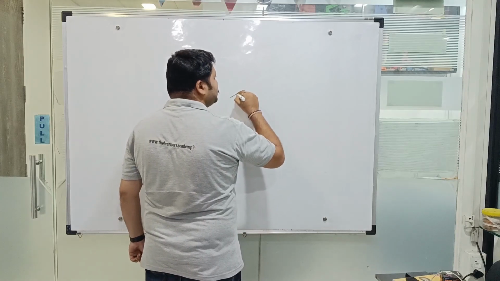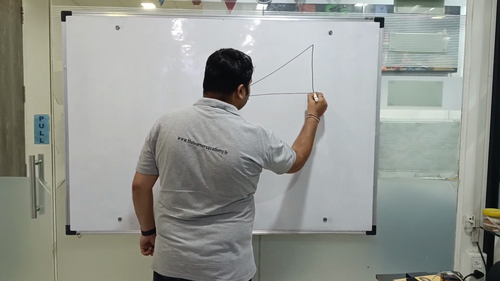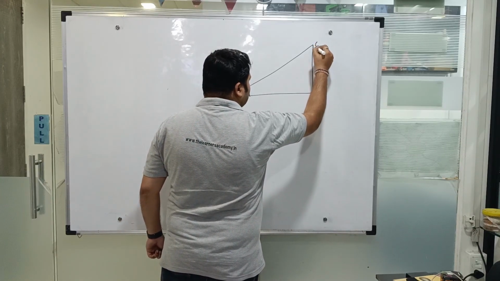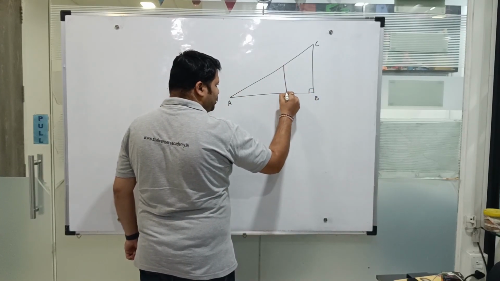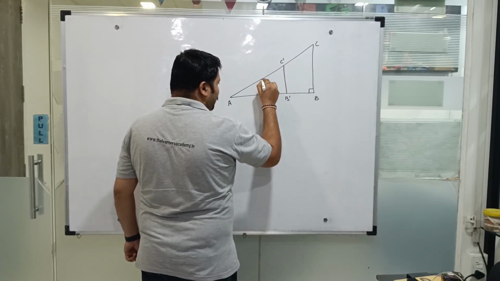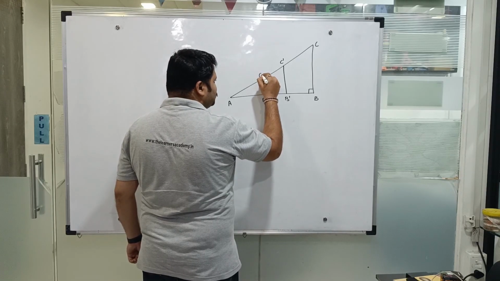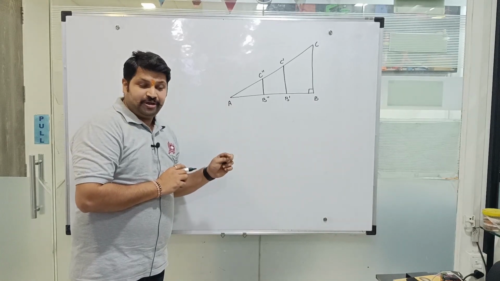So let us consider a triangle ABC right angled at B, and let us have another triangle AB dash C dash, and one more AB double dash C double dash. What can we see from the figure?